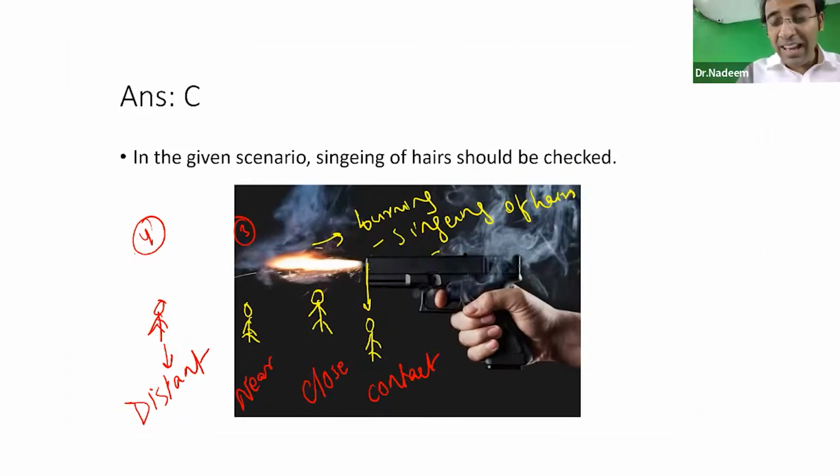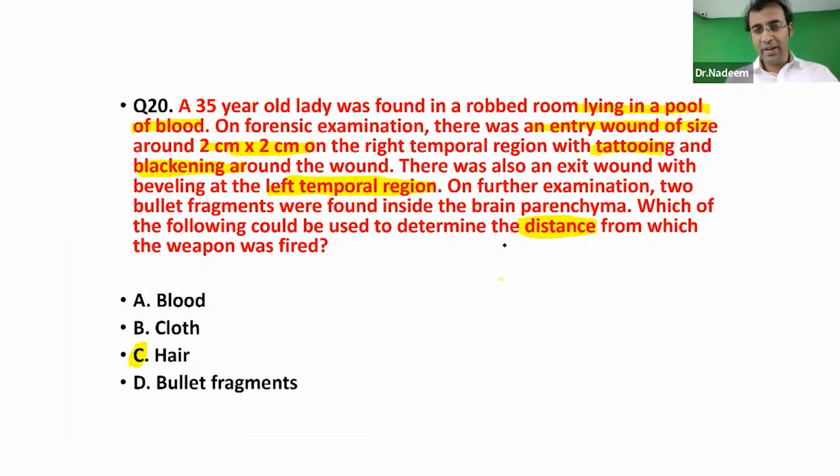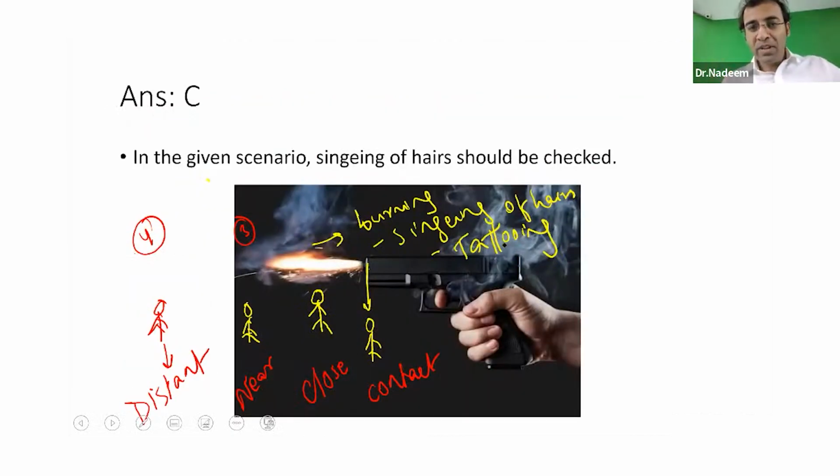After that, will there be a tattooing effect? After the flame, the remaining gunpowder will go there and get deposited. Yes, there will be tattooing. So in the close shot, burning will be there, singeing of hairs will be there, tattooing will be there.